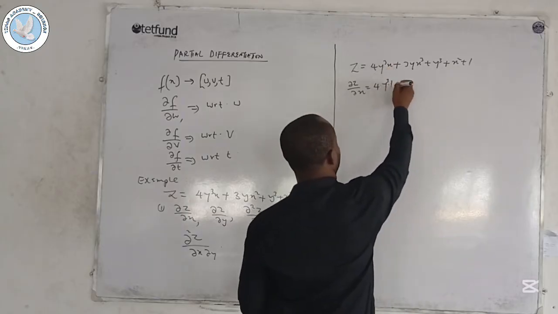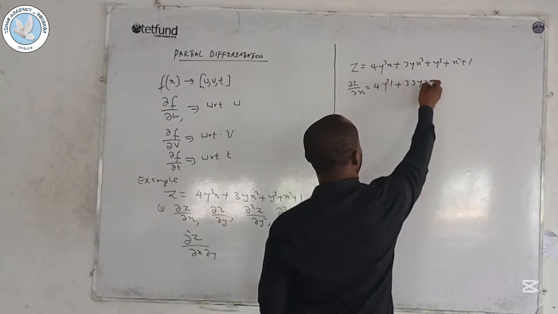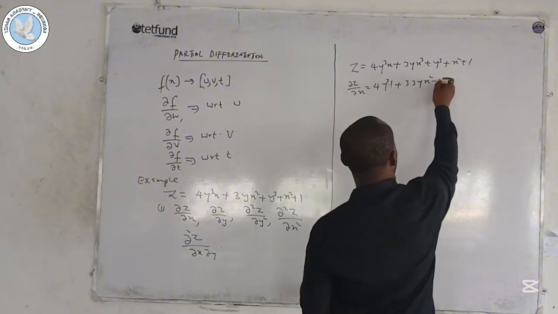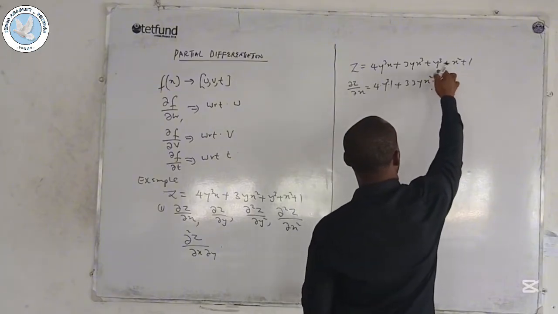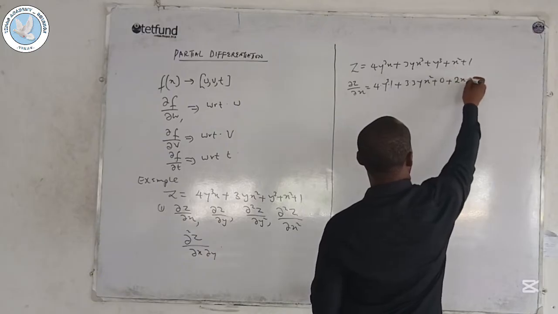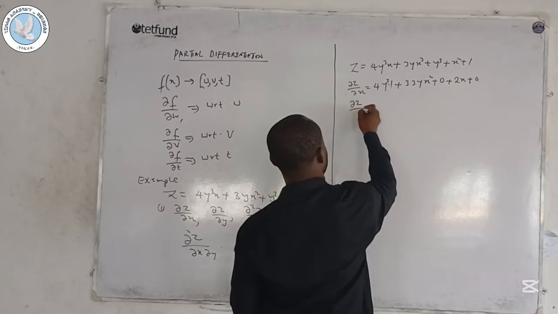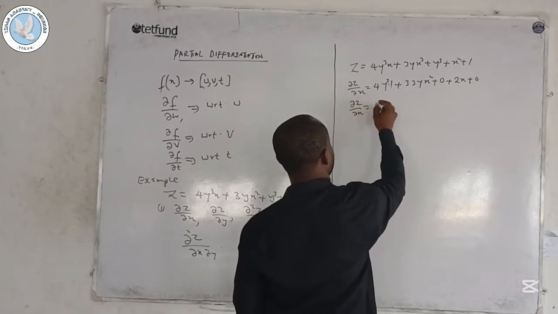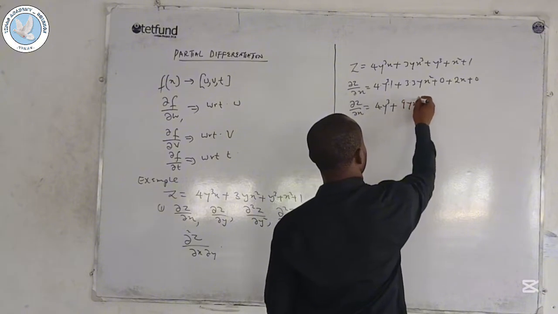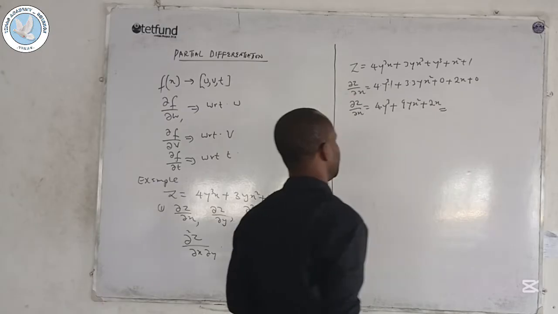We have 1 plus 3 times 3, y, this is reduced to 2. This y is constant, is 0. We have this, and we have 0. So rearranging the solution, we are having 4y cubed plus 9 this plus this. That is how it is.